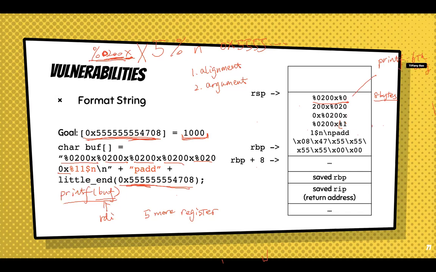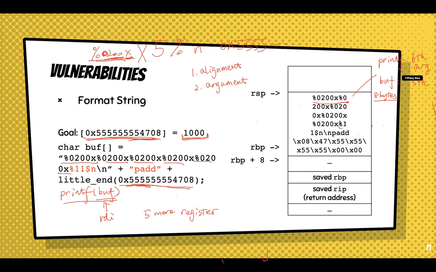But let's pause here and pay attention. From the format string's perspective, I'll just write buff. From the format string's perspective, this is going to be the 5th argument.